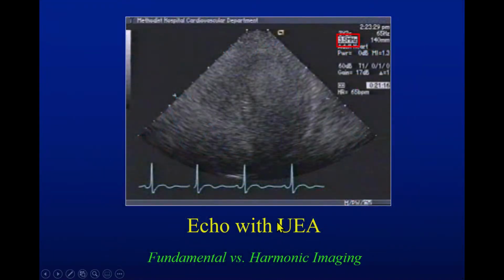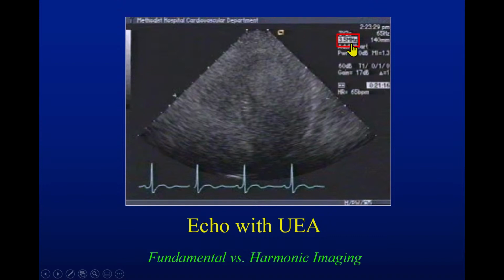So let's take a look at that here. This is fundamental versus harmonic imaging. This freeze frame is actually at fundamental imaging, so there is already contrast in the cavity, but you really cannot differentiate well the cavity itself from the myocardium per se. And notice here for this machine, it says on the display harmonic imaging versus non-harmonic, and you'll see the change.